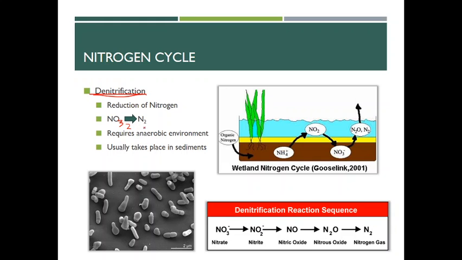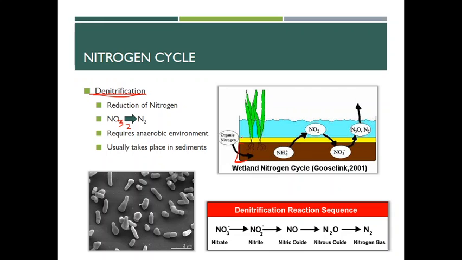This again requires an anaerobic environment, so we see this happening in the sediments. Anytime you have shaded sediments where you're not having a big influx of water with oxygen going into it, denitrification can happen, and it's really important to not pollute certain systems.